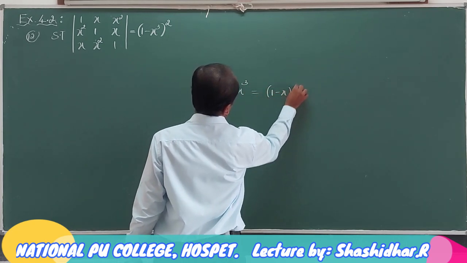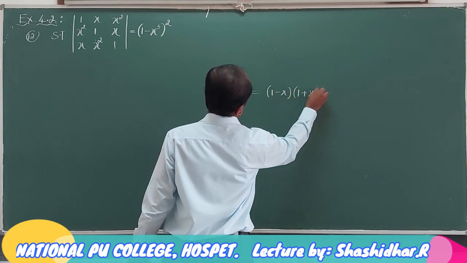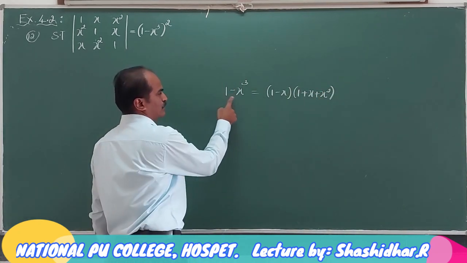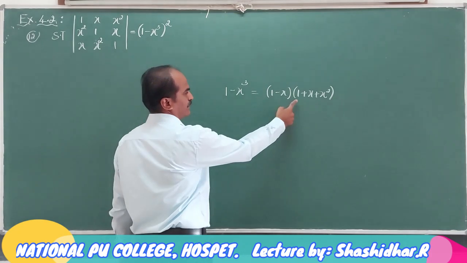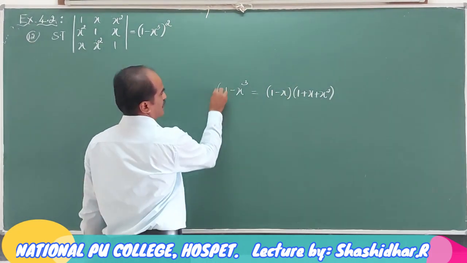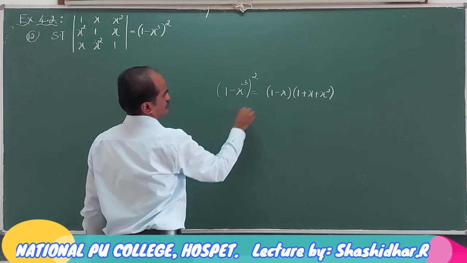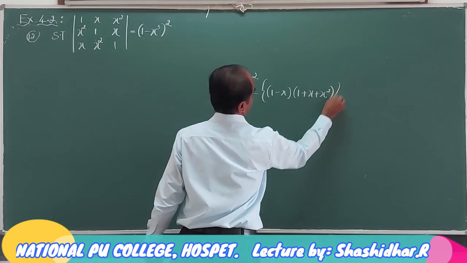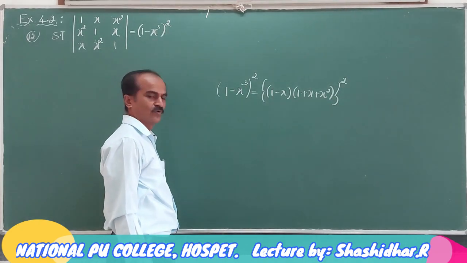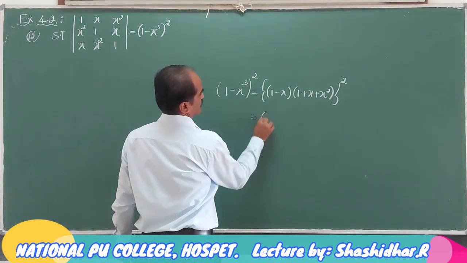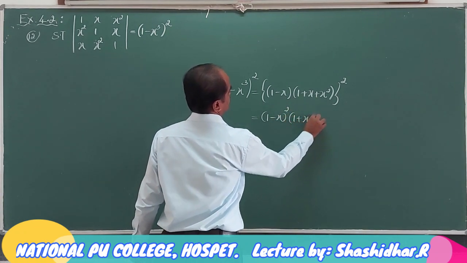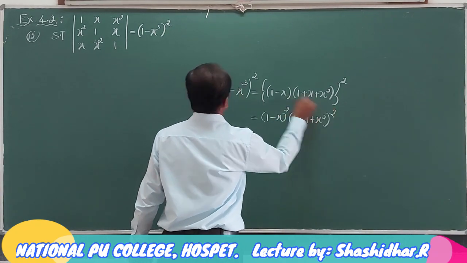It is 1 minus x into 1 plus x square. a cube minus b cube is a minus b into a square plus ab plus b square.